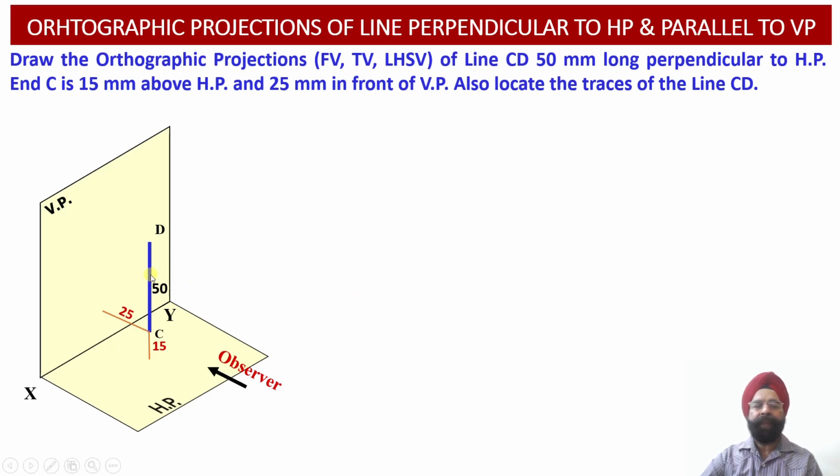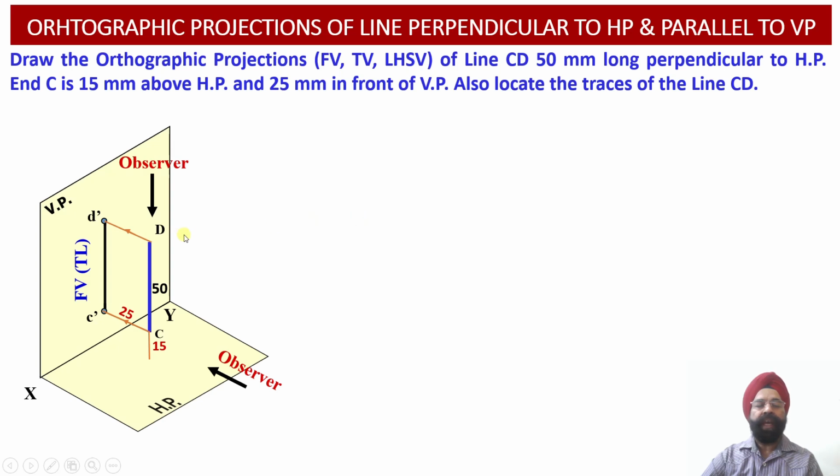So since this line CD happens to be parallel to the vertical plane, the projections of this line on the vertical plane, that is the front view projections, are going to provide us with the true length projections of this line. So the front view of this line will be represented as C dash D dash. So C dash D dash is the front view projection which is obtained on the vertical plane. And because this line CD happens to be parallel to the vertical plane, these front view projections are going to present the true length projections of this line, and it will measure 50 millimeter.